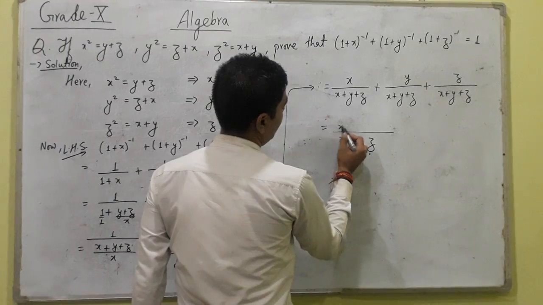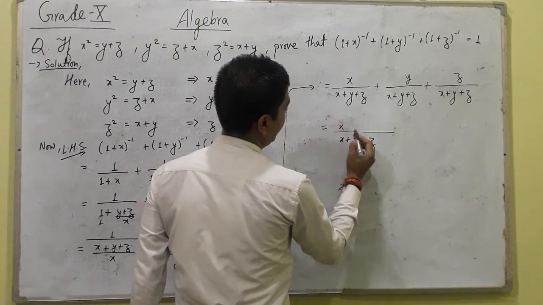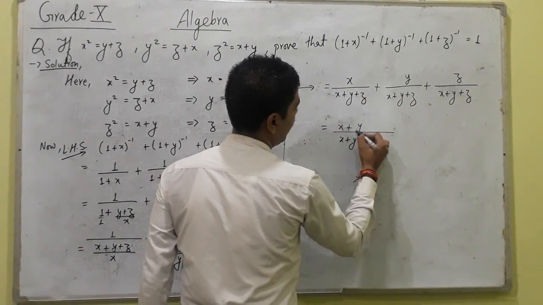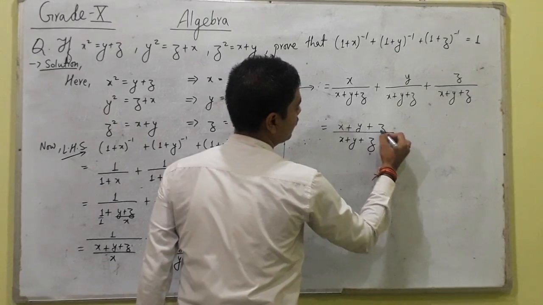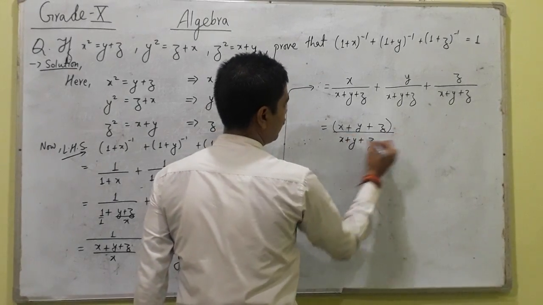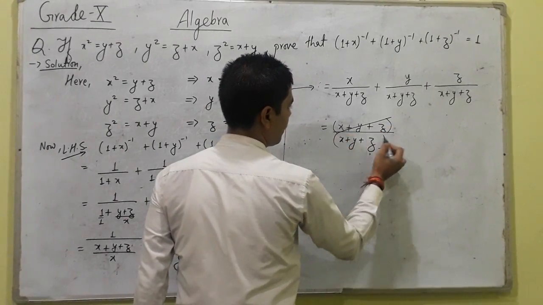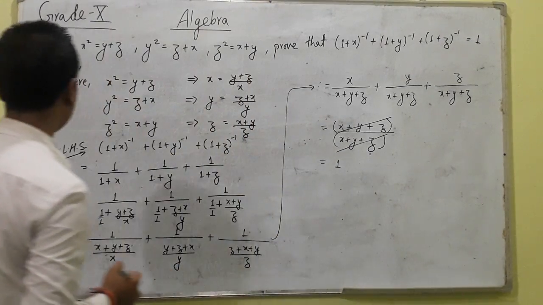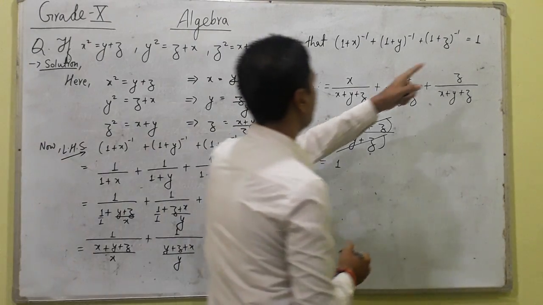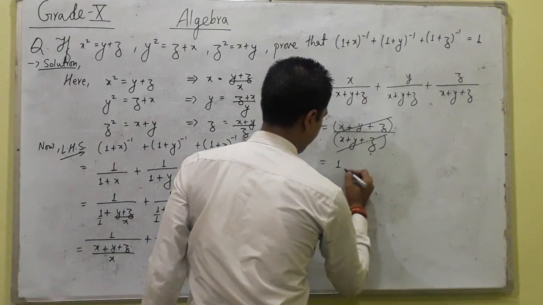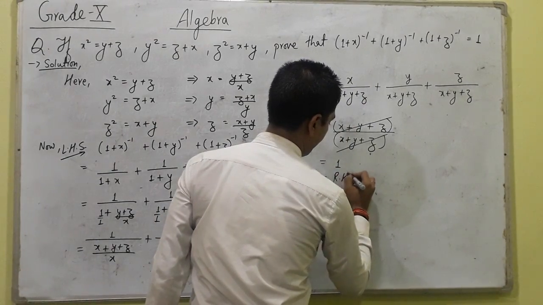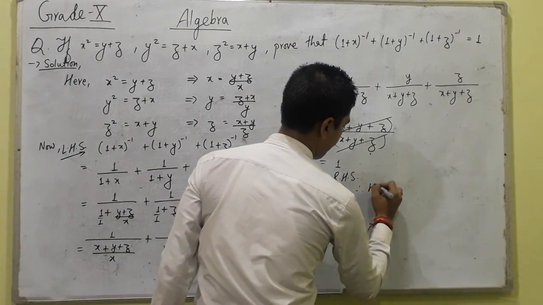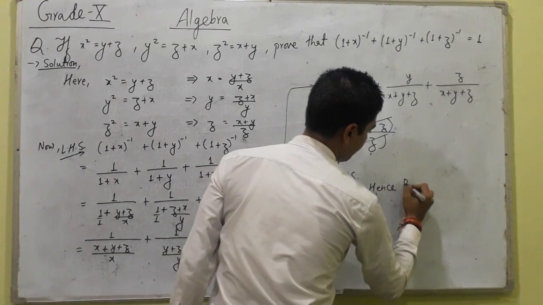So from the first term we get x, the second term y, the third term z. Now dividing numerator and denominator, we get 1. So our LHS equals the RHS, hence proved.